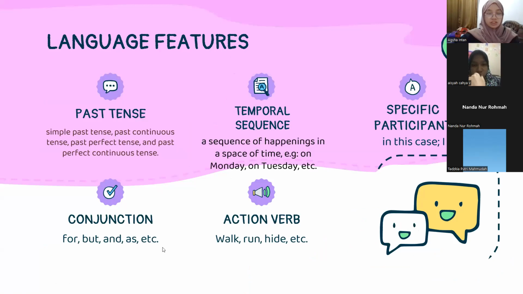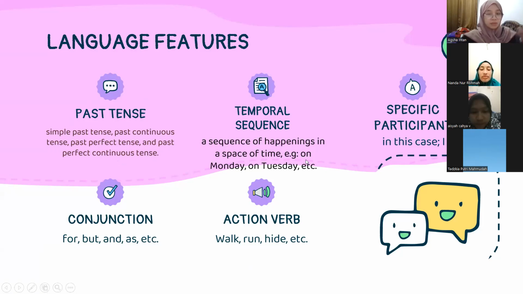As for the language features, a recount text uses past tense, including simple past tense, past continuous tense, past perfect tense, and past perfect continuous tense. So every kind of past tense is involved. And then temporal sequence, a sequence of happenings in a space of time. For example, on Monday and then on Tuesday, etc. This example is a temporal sequence of days.